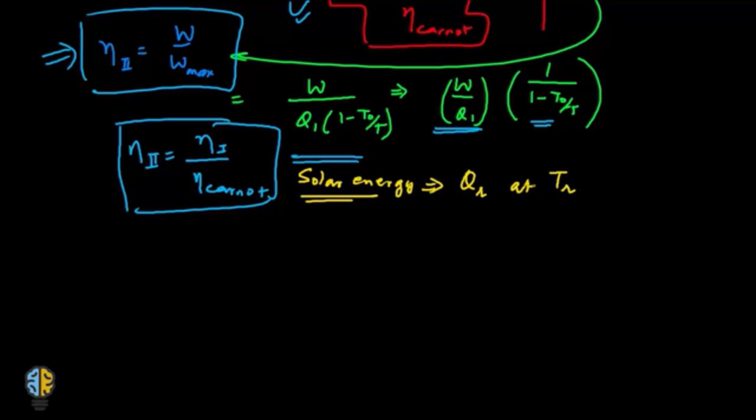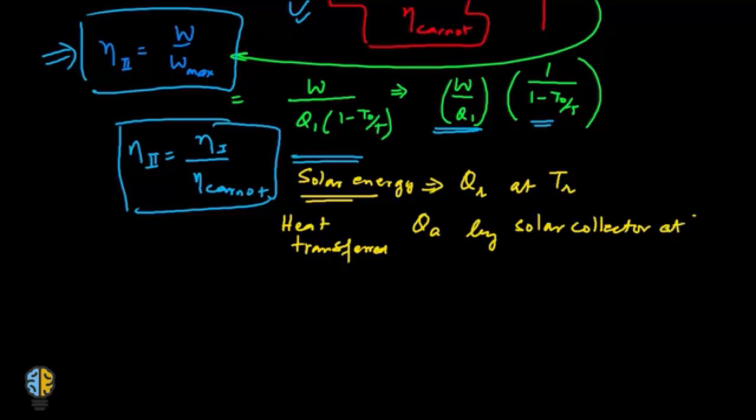And you have another quantity QA, which is the quantity of heat transferred by the solar collector. This solar collector is at temperature TA.